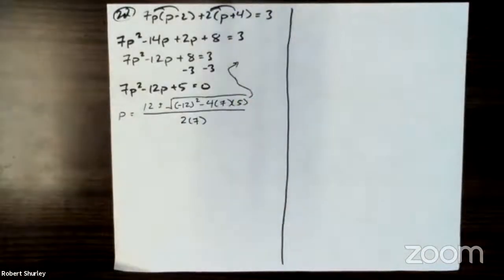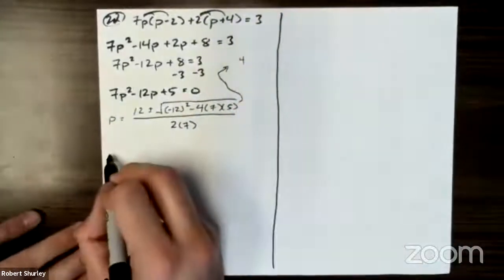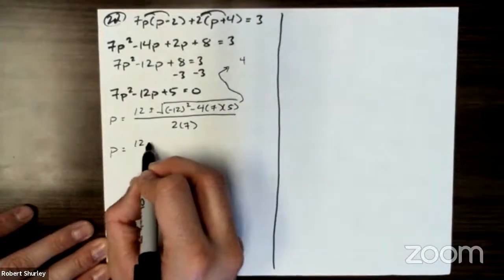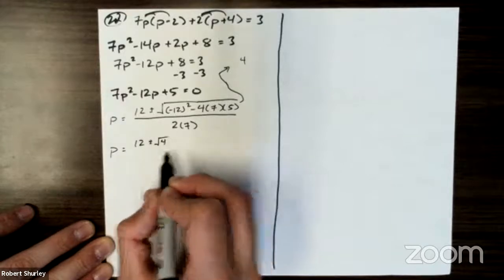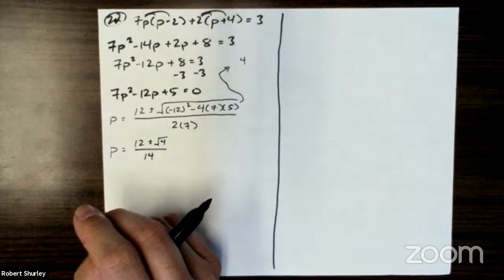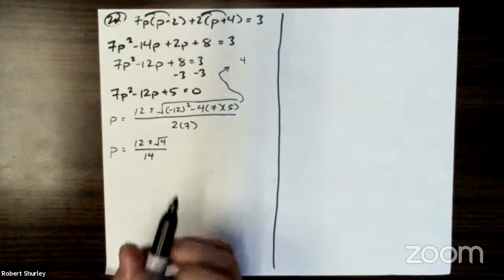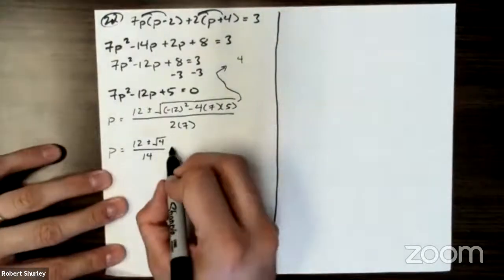So if I do that, negative 12 squared minus 4 times 7 times 5, we just get 4. I know the square root of 4 is 2.